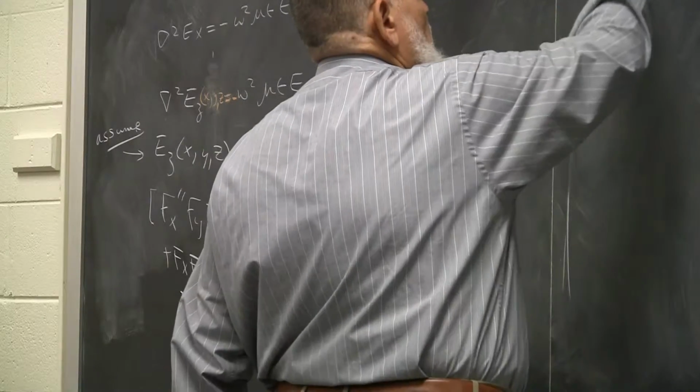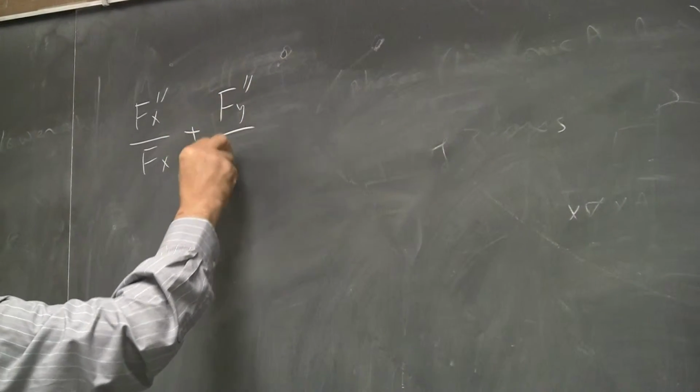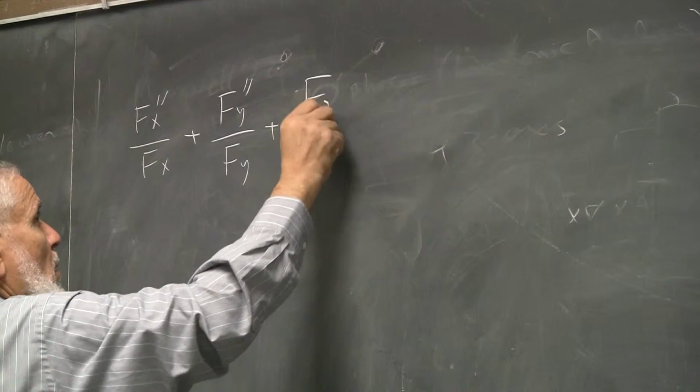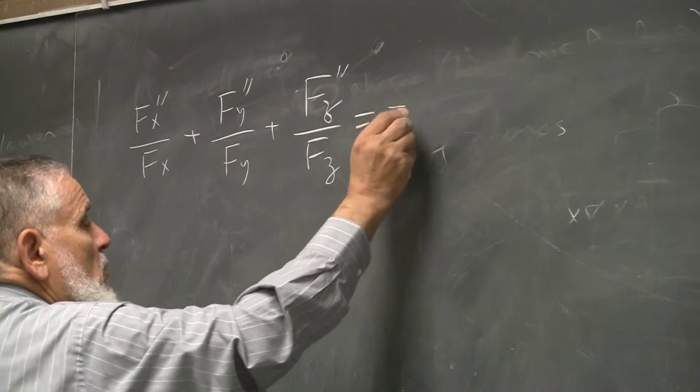You end up with fx double prime divided by fx plus fy double prime divided by fy plus fz double prime divided by fz equals minus omega squared mu epsilon.